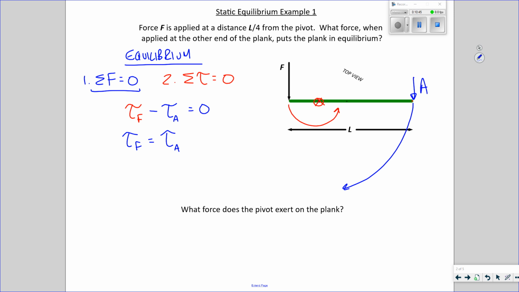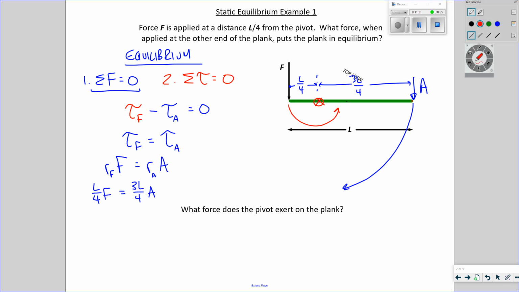Now the torque from F is r_F times F, and the torque from A is r_A times A. We said that this distance here is L over 4, which means the rest of this distance is 3L over 4, since 1/4 and 3/4 make up the full L. So r_F is L over 4, and r_A is 3L over 4.